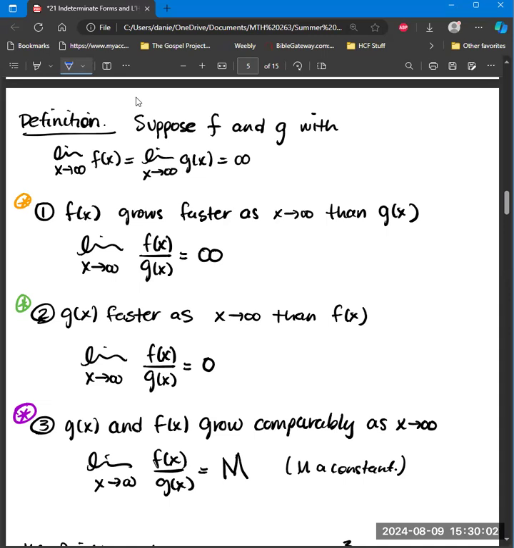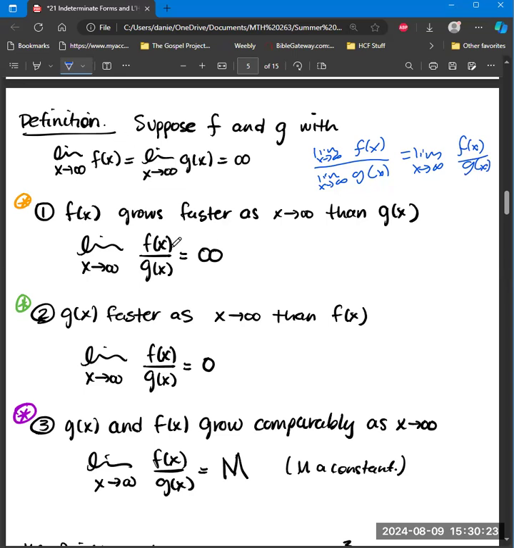And I want to look at the limit as x goes to infinity of f of x over g of x, the ratio of these two functions.